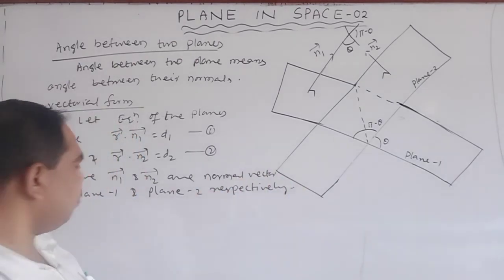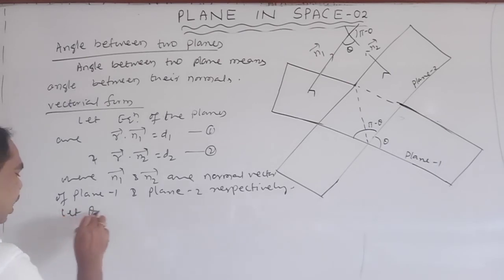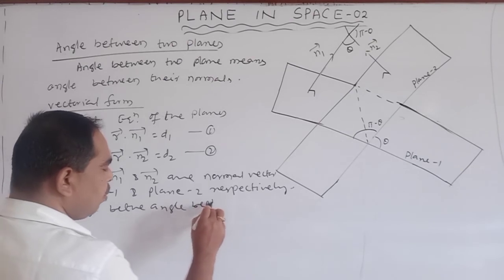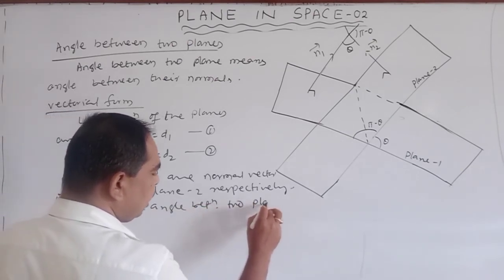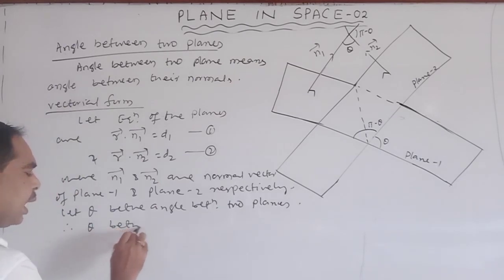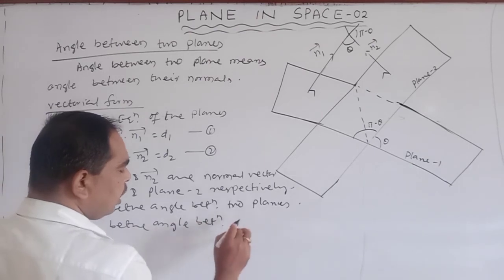Okay, let theta be the angle between two planes. Therefore theta is the angle between their normals.